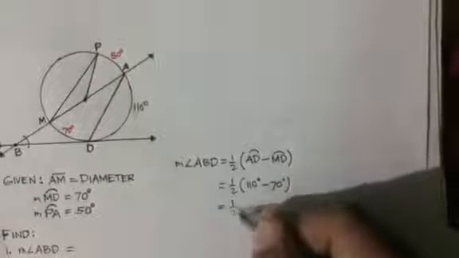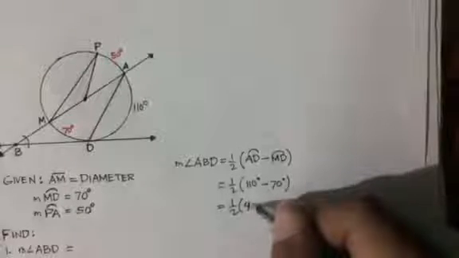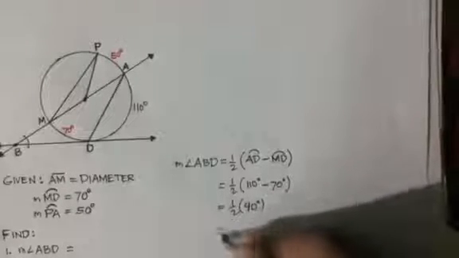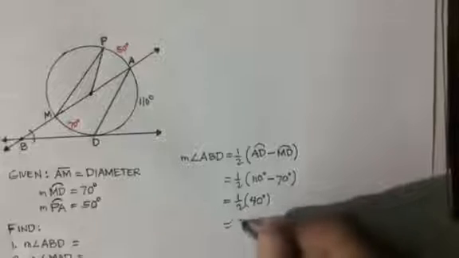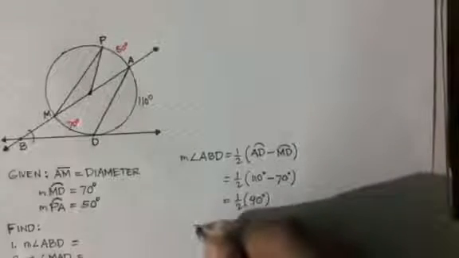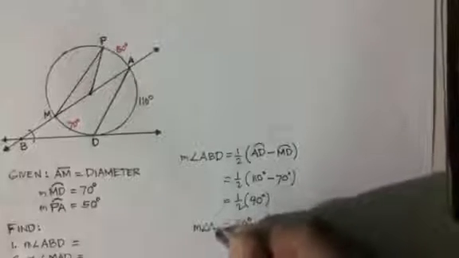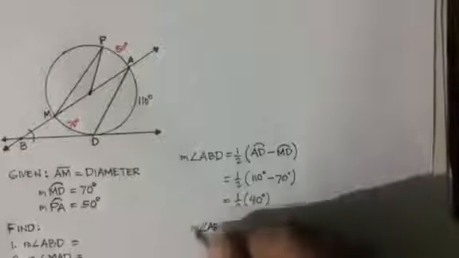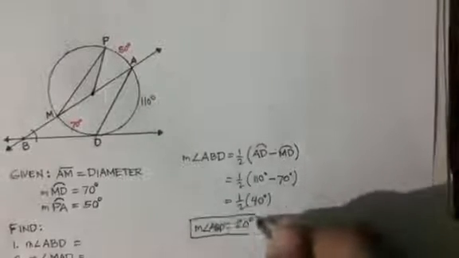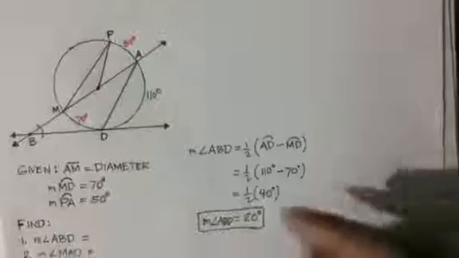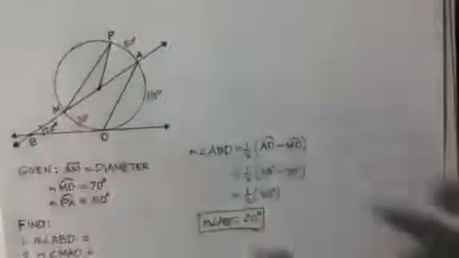Then 1/2 of 40 degrees is 20 degrees. So angle ABD is 20 degrees.